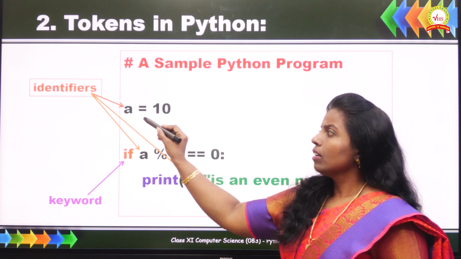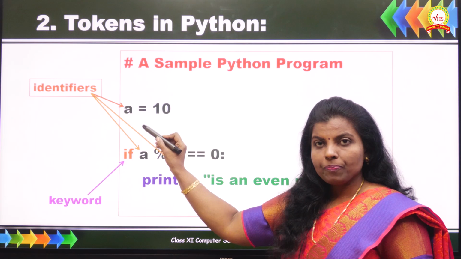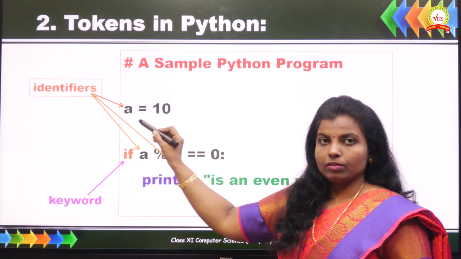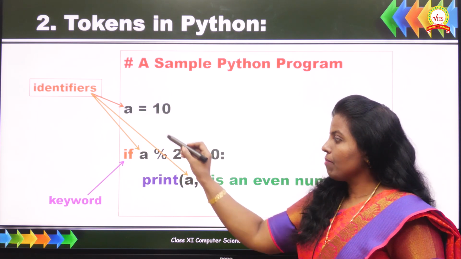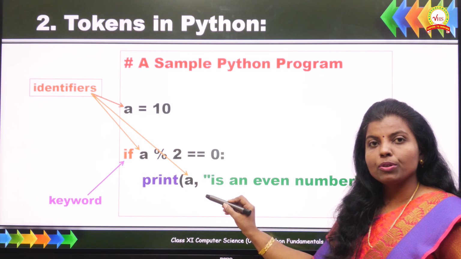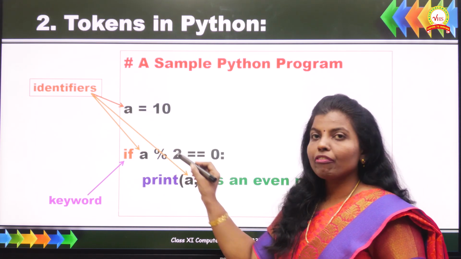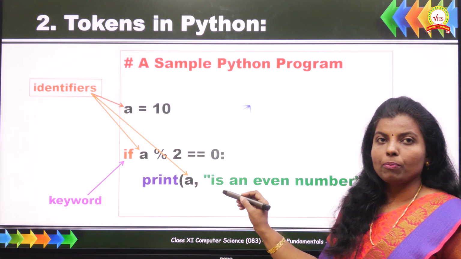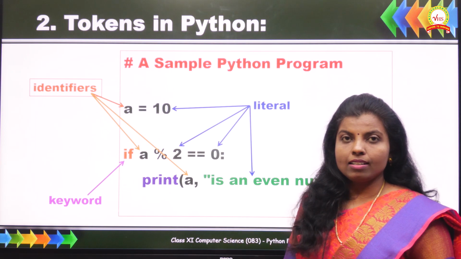Here we have named a variable as A. Identifiers are user defined. The same variable has been used in the if condition and also for printing. So we have identifiers in this sample Python program, and also we have literals. What are literals?